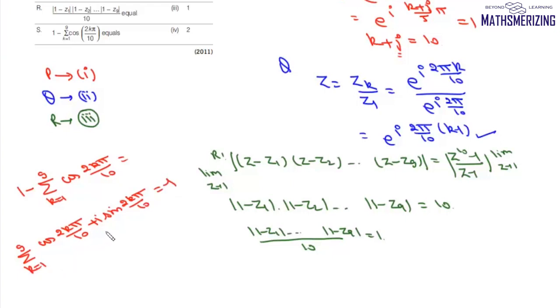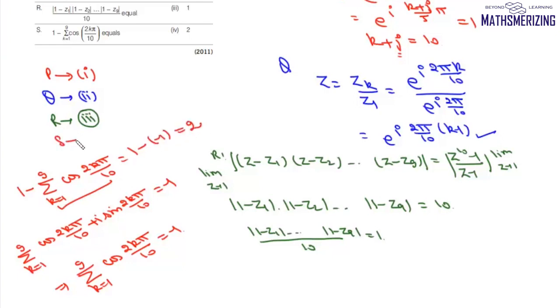Now comparing real and imaginary part, from this real part we'll get this summation k varies from 1 to 9 cos 2kπ/10 is equal to minus 1. So if we put the value of this summation here, we'll get this result as 1 minus (minus 1), which is nothing but 2. That means this S matches with 4.